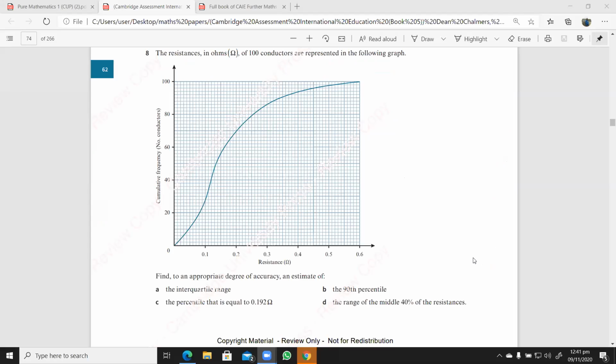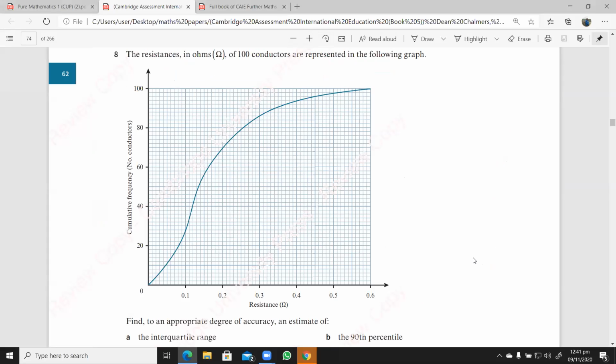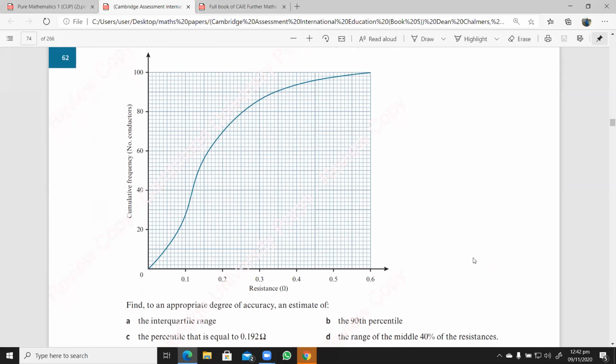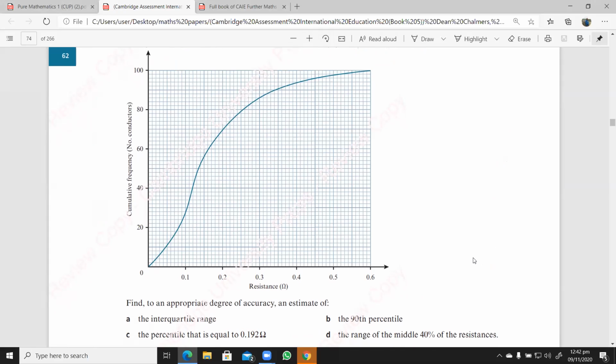Okay, now it says find the interquartile range. So when you find the interquartile range, guys, first you find the lower quartile. Where do we find the lower quartile? The total frequency over here is 100, so we find the quarter of 100. That is 25. Now, don't be mistaken, this 25 is not the lower quartile.